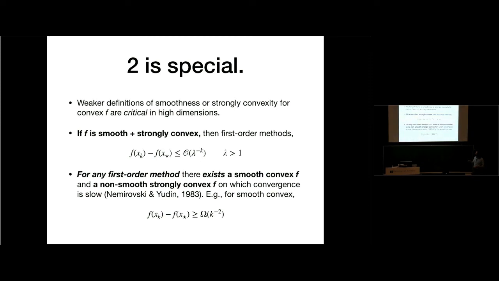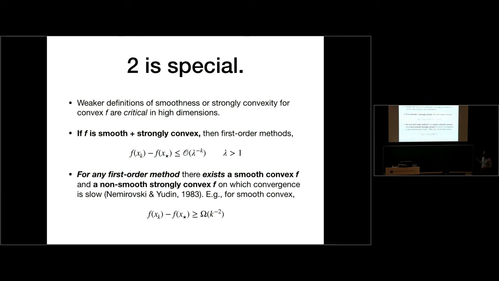On the other hand, these are the famous lower bound results of Nemirovsky and Newton. For any first-order method, no matter how clever you think you are, if all you use are gradients and function values, then there always exists a smooth convex function f and a non-smooth, strongly convex function f on which convergence is slow.